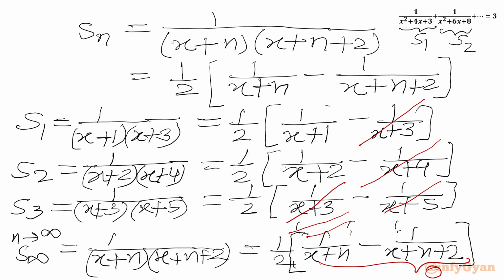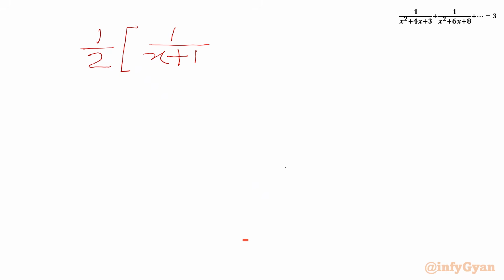So we have two terms left in our summation, 1 over x plus 1 and 1 over x plus 2 with multiplier half. So I can write here, after adding all the equations, half times, in the bracket, 1 over x plus 1 plus 1 over x plus 2, will be equal to 3.